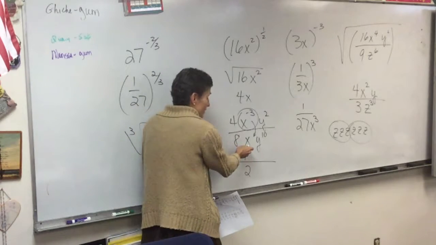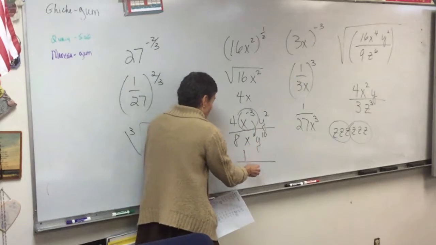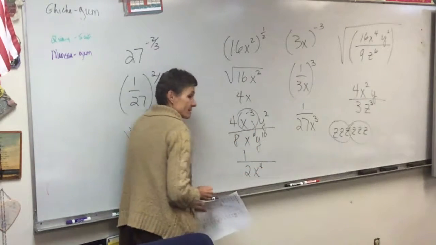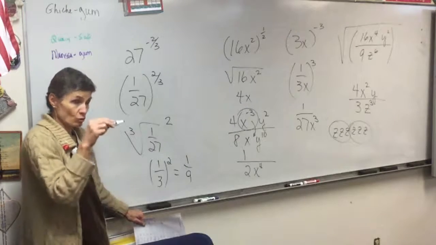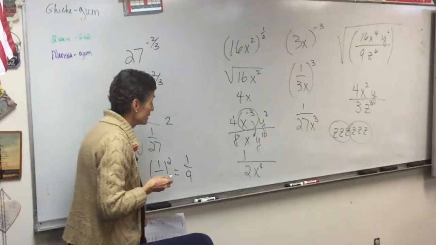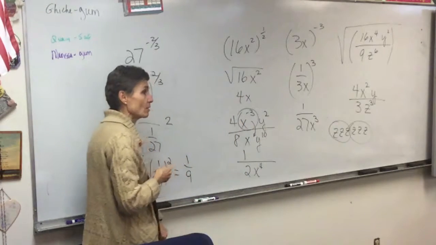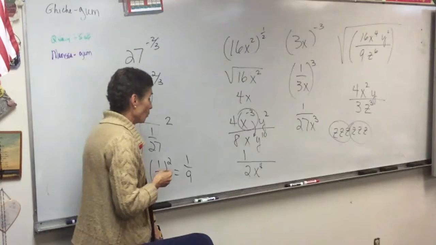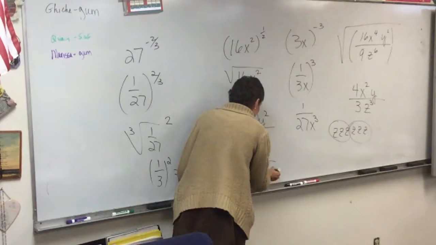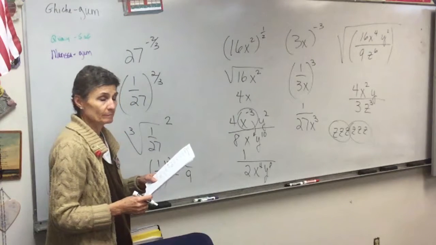How many are already down here? 1, and I'm bringing down 3 more, so I'm going to have 4 x's in the bottom, because there's already 1 down there, and those other ones are coming down. Now I have 2 y's on the top and 10 y's on the bottom. y to the 8th on the bottom. So I do need to keep that 1 up there because that's the only thing up there.